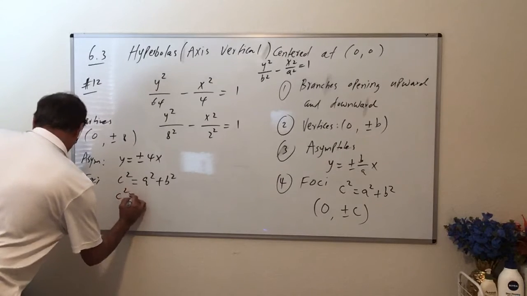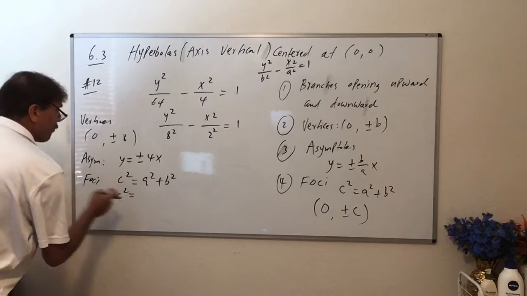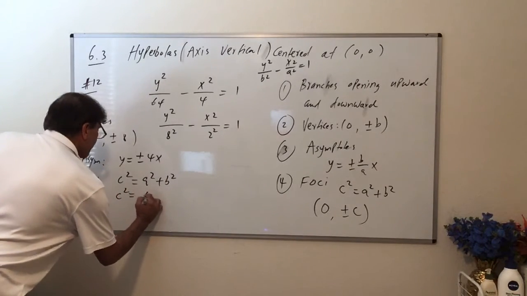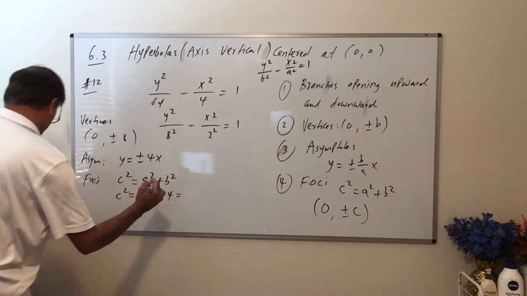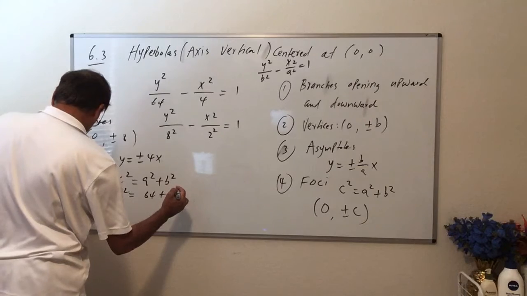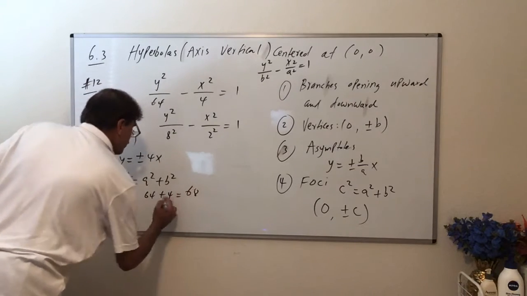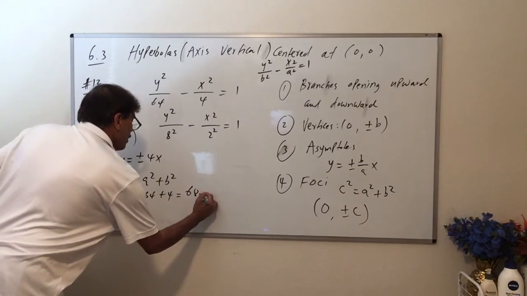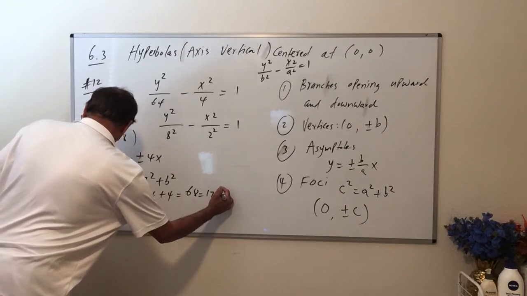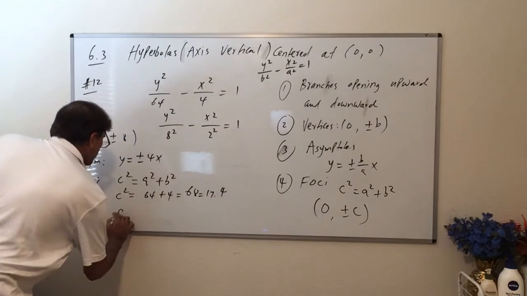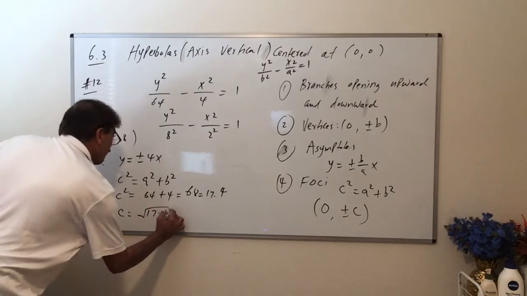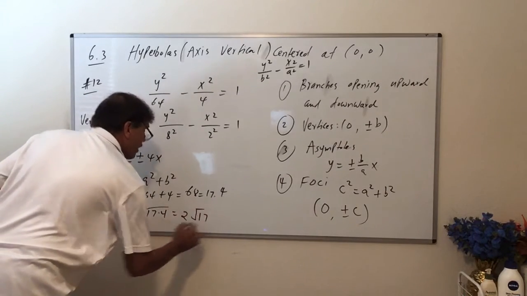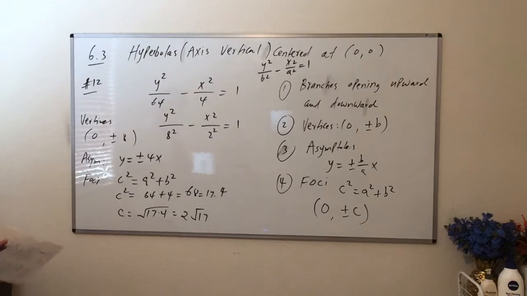So c squared equals 64 plus 4, which is 68. And 68 is 17 times 4, so c equals the square root of 17 times 4, which is 2 root 17. So it's going to be plus or minus.